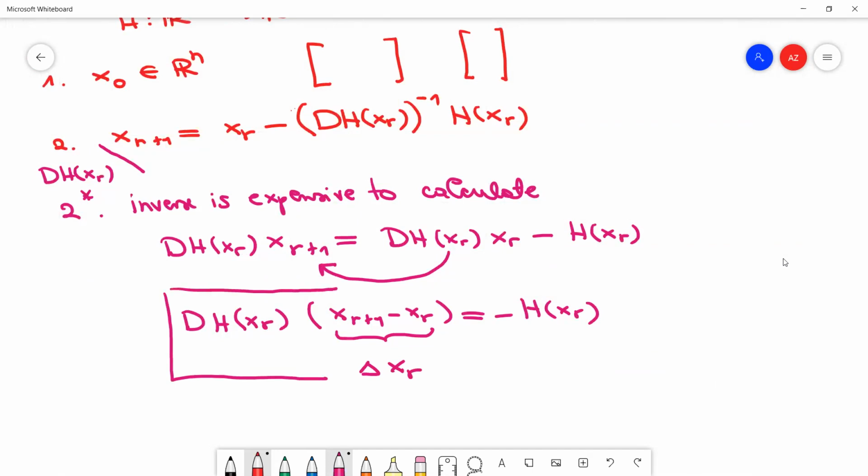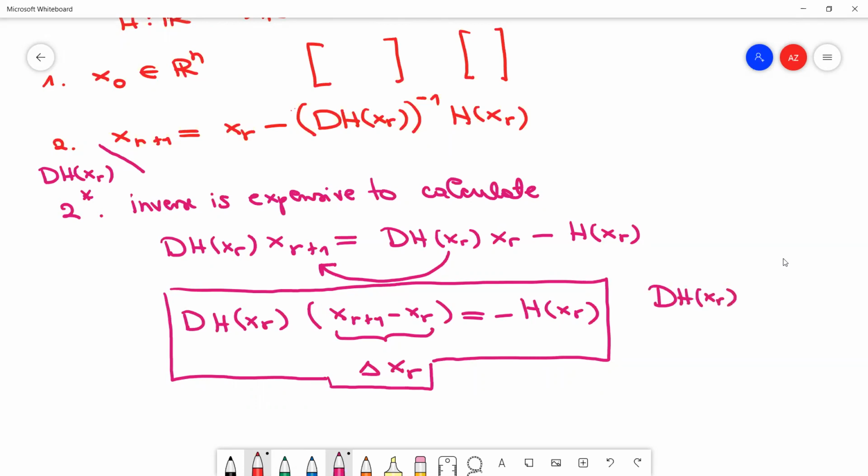And it's better to solve such a system. This is now a square system. We solve this system with LU decomposition. We didn't study LU decomposition, but in Matlab, LU decomposition is done in this way, dH of XR, then minus H of XR.